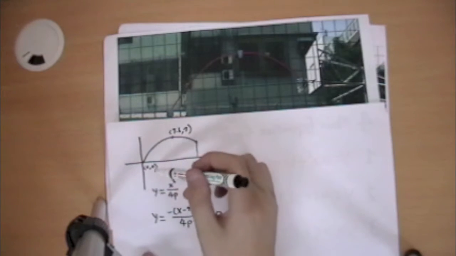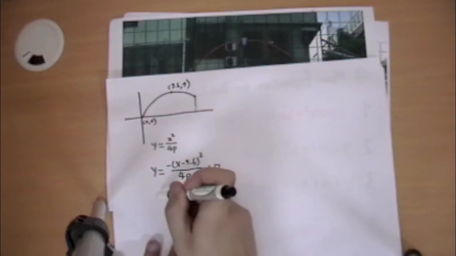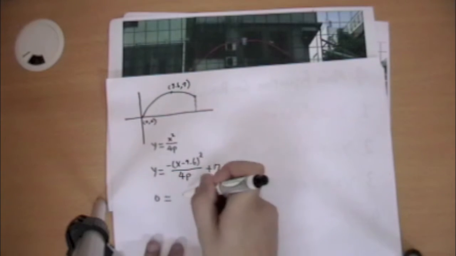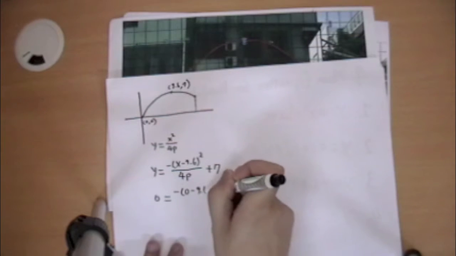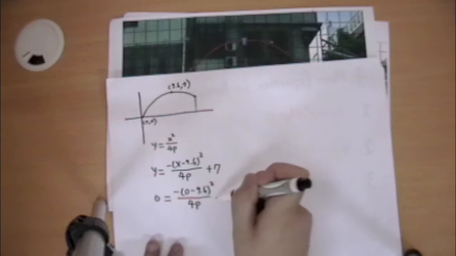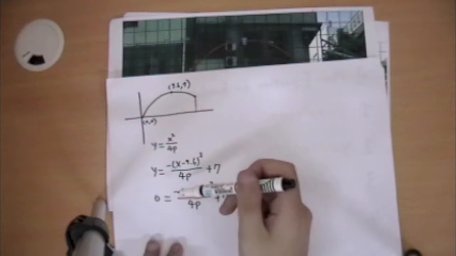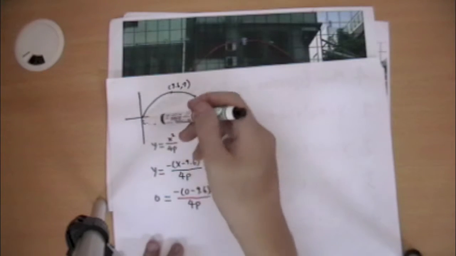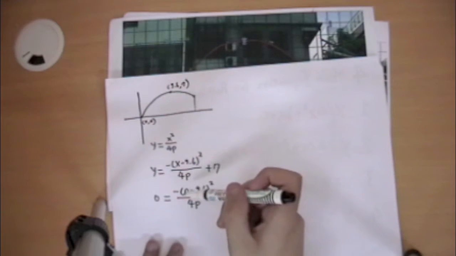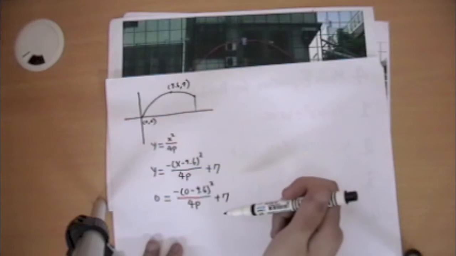Now we need to plug the origin point into the shifted equation. So we'll get 0 equals negative (0 minus 9.6) squared over 4p plus 7. The negative sign means that it's opening downward, so we need to add a negative sign here. Now we can solve for the p value.